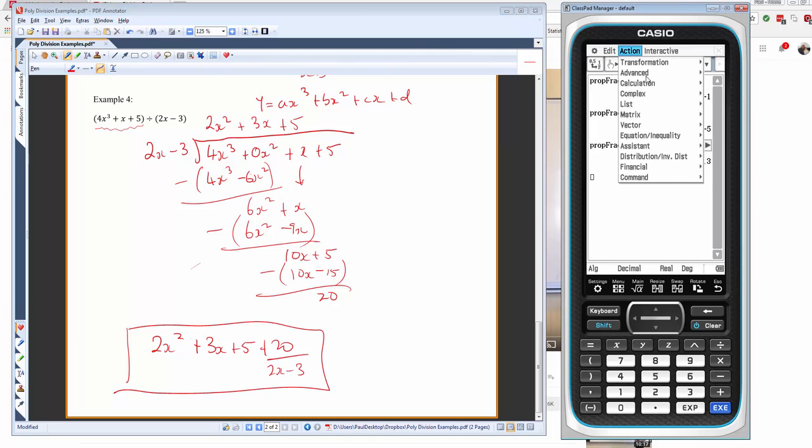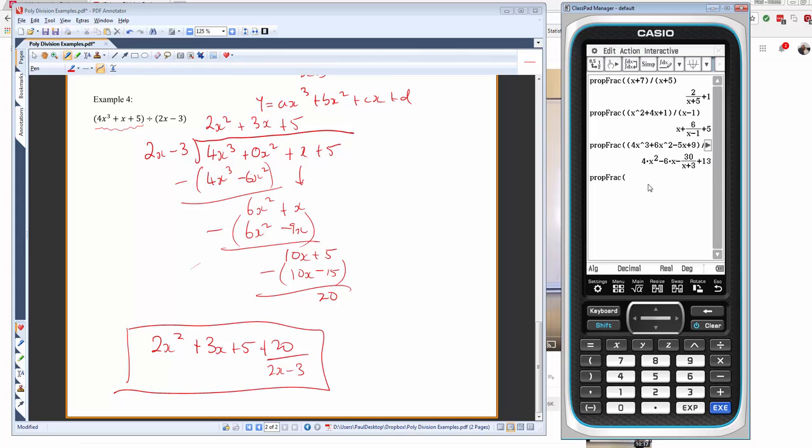So let's go transform, fraction, and prop frac, and put in my cubic, 4x to the 3 plus x plus 5, and we're dividing it by 2x take 3, and we get 2x squared plus 3x plus 5 plus 20 over 2x take 3.